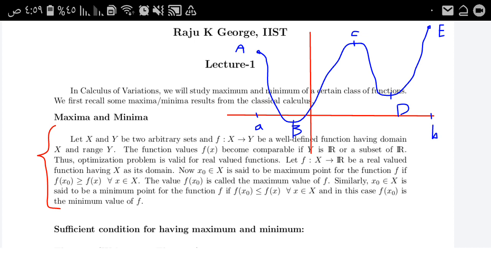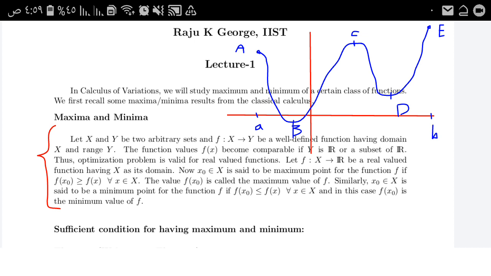That's right. But just consider that we also consider the points C and A as maximum points, but not absolute maximum.